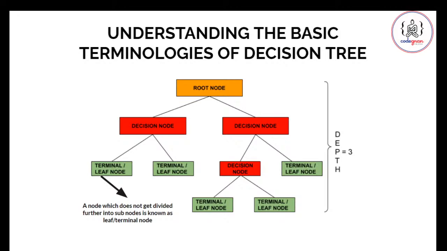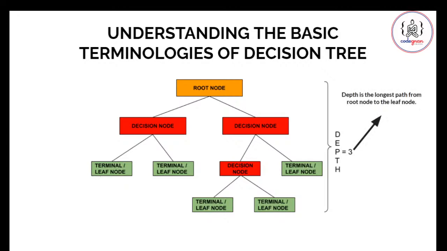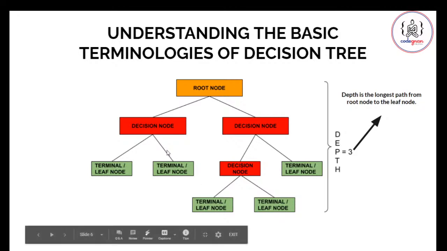All right, so let's move forward and see what depth is. Depth is the longest path from root node to the leaf node. So here, what is the longest path that we have to take to reach from this root node to the bottom of this tree?